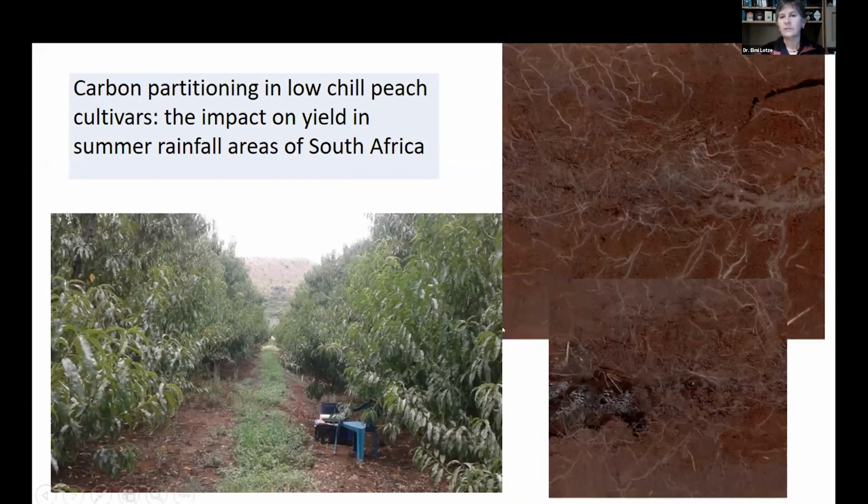Again, looking at roots and being very fortunate in having a student that is prepared to count the roots. And in this case, you can see it becomes increasingly more difficult. It's not always easy to identify the individual roots. And there's always the question of whether the roots that you see are actually the roots of the specific crop or whether it's root invasion from weeds.